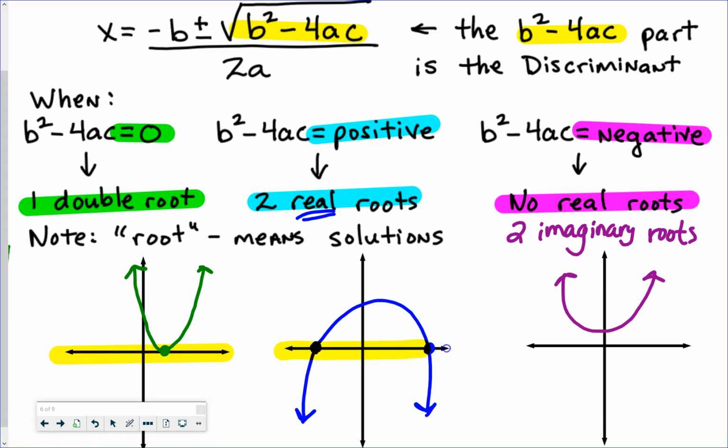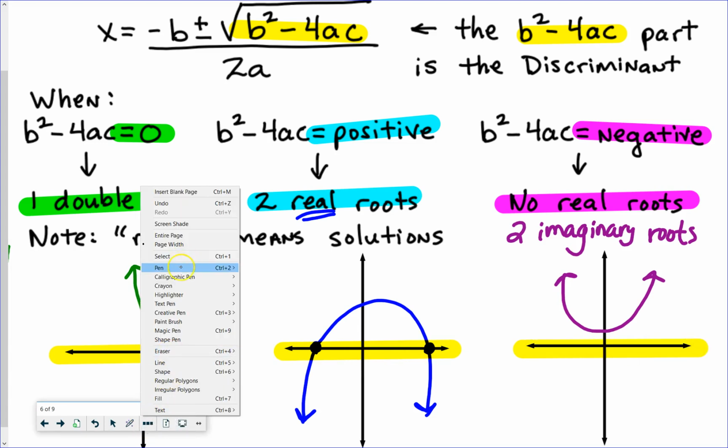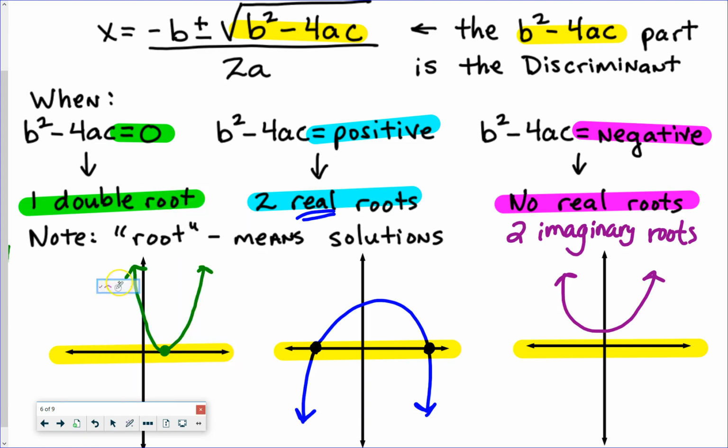As long as it's turning away from it. Doesn't it keep going out and out forever? Yes. So if there was another one down here, it looked like this, that would be okay, because it's turning away from the x-axis.